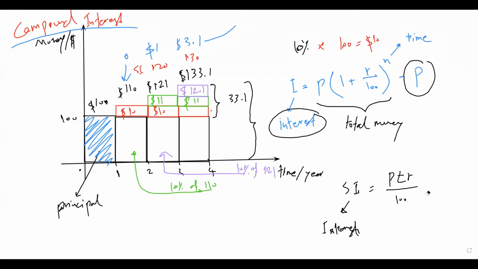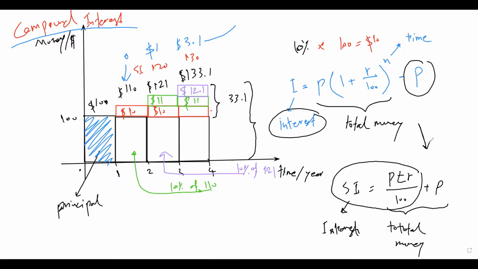However, if in the questions they ask us what is the total money in your account after, for example, 3 or 4 years, then you had to add the principal as well, because this formula only gives you the interest, unlike the compound interest formula. So you just take a minute and try to digest the difference here. This is where usually the students get confused. And the questions, they're not that difficult.